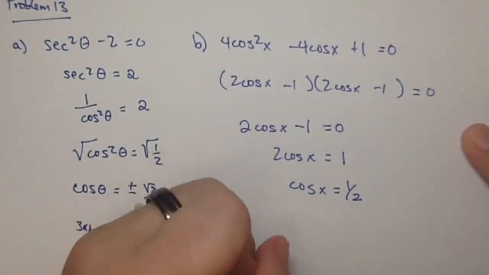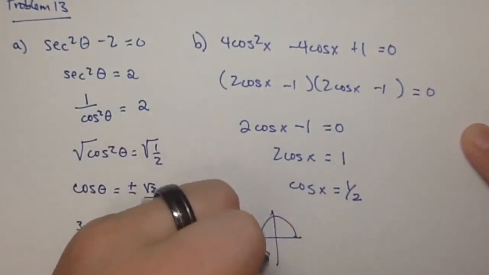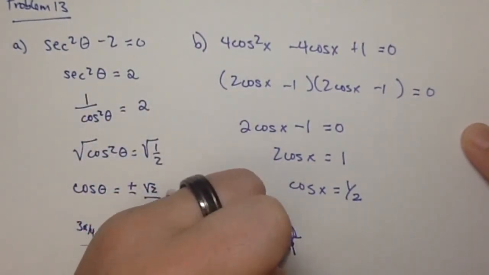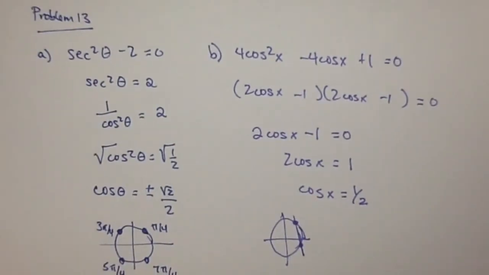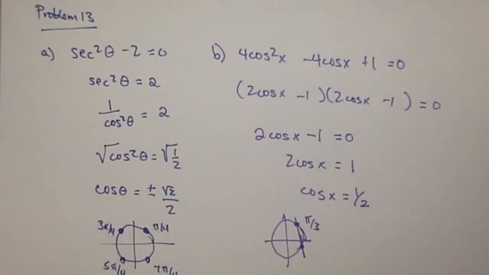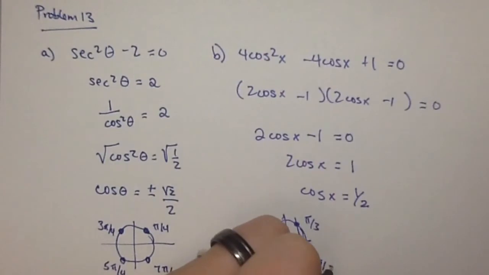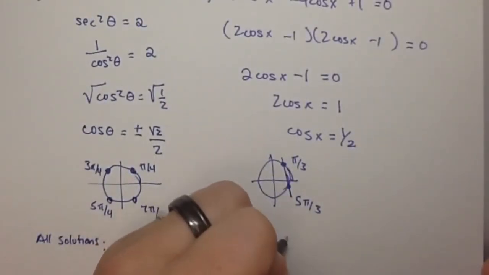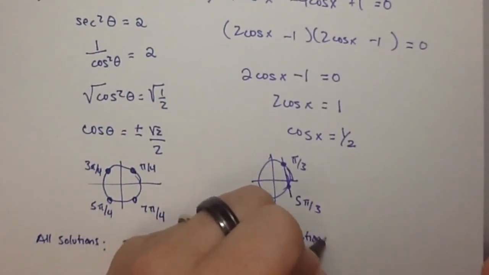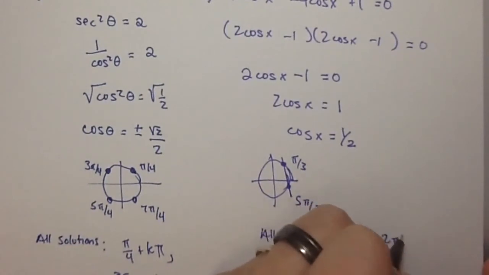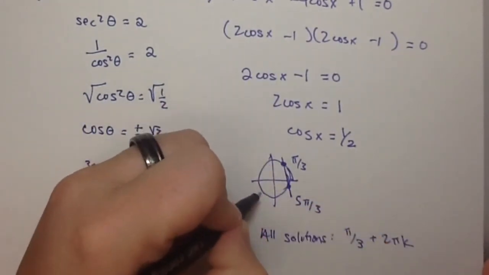Okay, and where does that happen on the unit circle? Cosine x equals 1/2 here and here. So that happens at pi over 3 and 5 pi over 3. Okay, so then all solutions would be pi over 3 plus 2 pi k, because here there is no such thing.